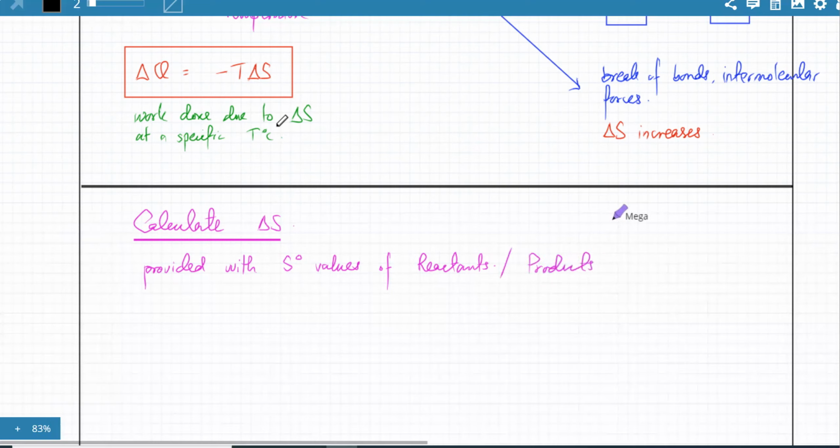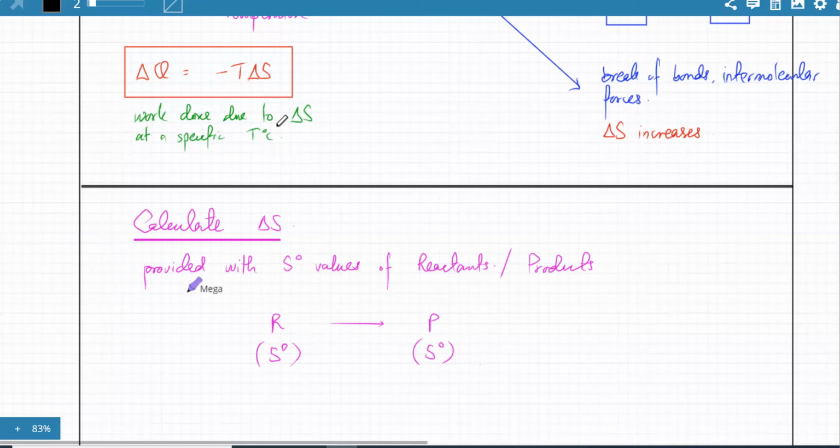So the formula is very simple. Like every reaction, you have reactants turning into products, and you have the entropy values of the reactants and the entropy values of the products. So what is the change in entropy?